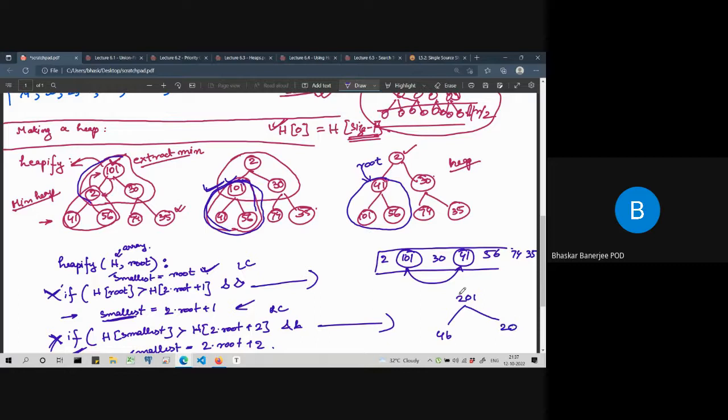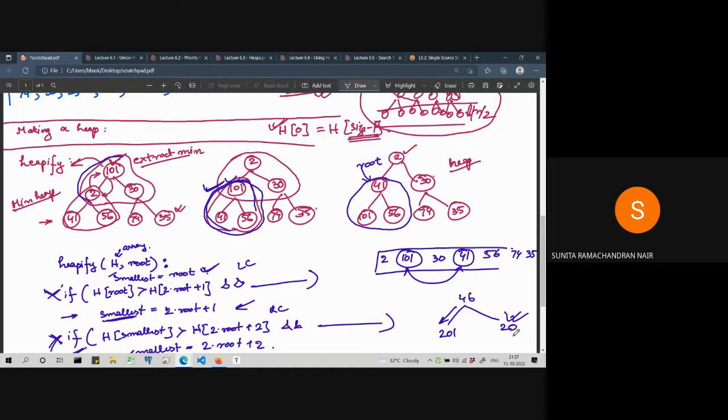You do the left child comparison first, with 46. You say, okay, fine, 46 is a lesser number, so let me swap 201 and 46. Is this a heap? It is not, because 20 is smaller. Correct. So that's why it's important that you take the smallest of all of them.